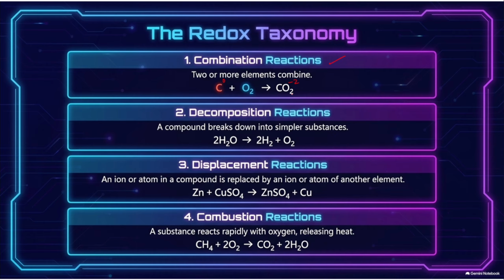So -2 into 2 times, so -4. So this carbon becomes +4. So 0 to +4, that means it is undergoing oxidation. And similarly this oxygen, it is present in molecular state, so this is 0. Now from 0 it is becoming -2. So decrease means reduction, increase means oxidation. That is why it is a redox reaction.